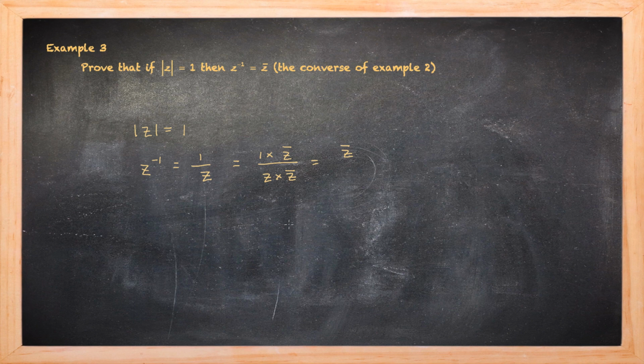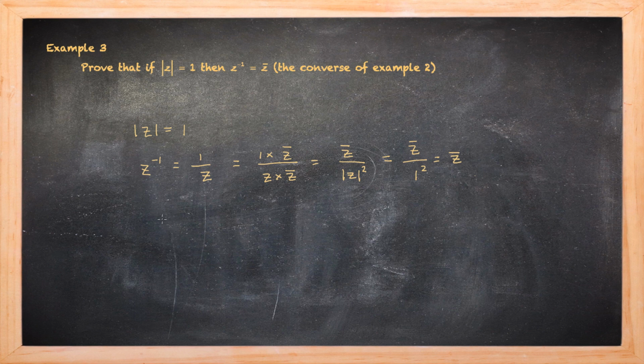Now here's a very familiar situation. z times its conjugate, and we've already shown in the last example that that's the same as the modulus of z squared. However, we're told that the modulus of z is 1, so we have the conjugate of z divided by 1 squared, and that's just the conjugate of z, hence the result.